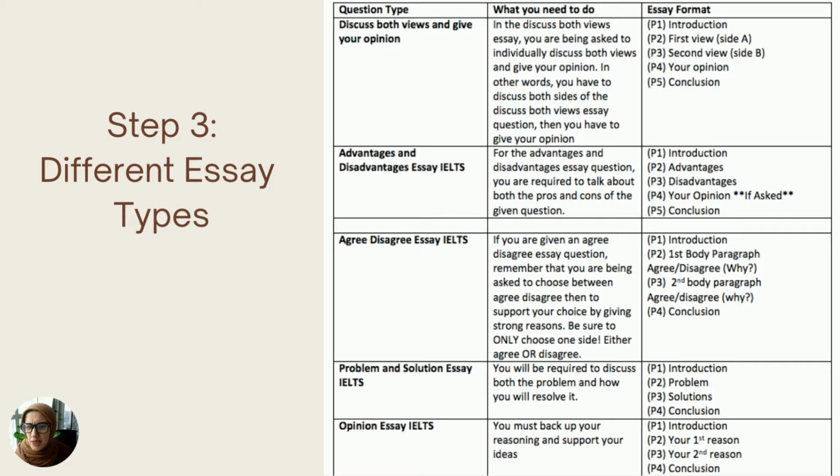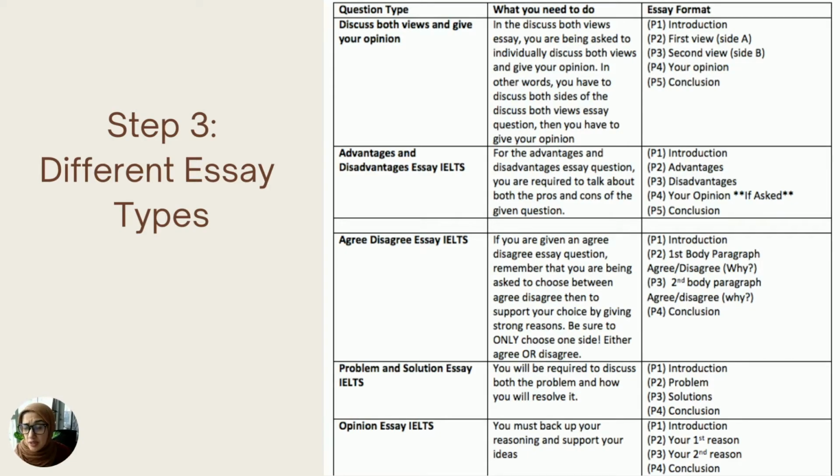So the next one would be if you are required to write an advantages and disadvantages essay. For this type of essay question, you are required to talk about both the pros and cons of the given question. So what are the pros and what are the cons? So your essay format would look like this.